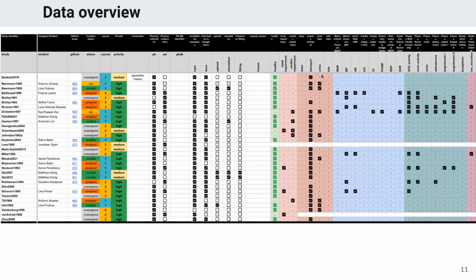The important part is probably this red part, which has some pharmacokinetic information. This blue part has some information on pressures and resistances. And then we have these biochemical substances involved in blood pressure regulation in the renin-angiotensin system, in these green colors.